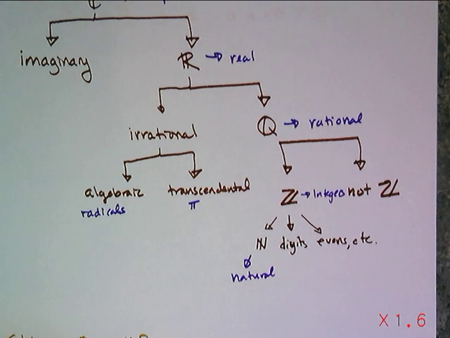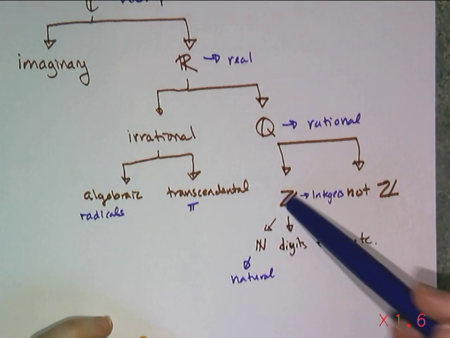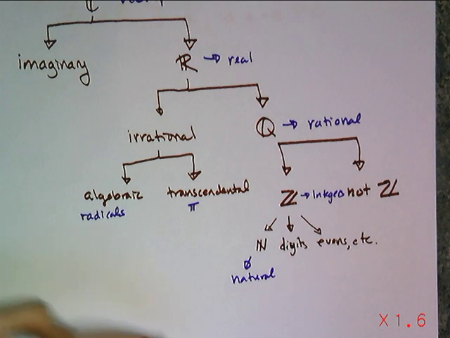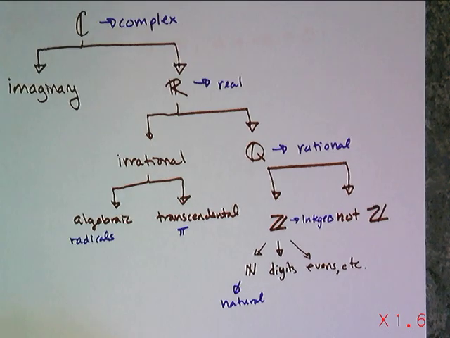And I say that they are the set of numbers that start 1, 2, 3, 4, 5, 6, 7, 8, 9. My computer scientist friend says it starts with 0, but as a mathematician, we say natural numbers start with 1. And then, of course, you have other things like digits and evens and odds and all other kinds of stuff stuck within the integers, right? So these symbols are the symbols that we're going to use for those sets of numbers.